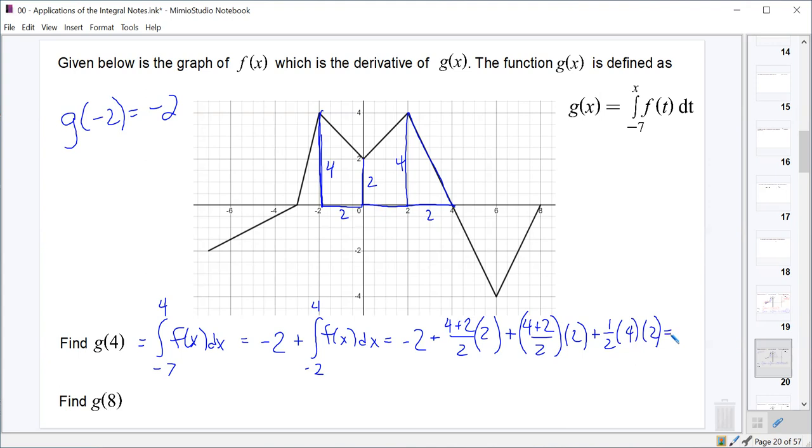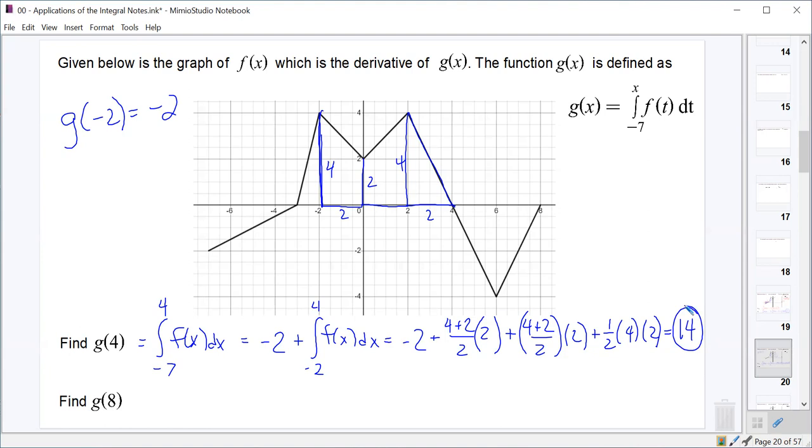And if we add all those together, 4 plus 2 is 6. And if you divide that by 2 and multiply it by 2, that's 6 again. And so we got -2 plus 6 plus another 6, which is 10. And then we'll add 10 plus 1/2 of 4 times 2, which gives us 14.